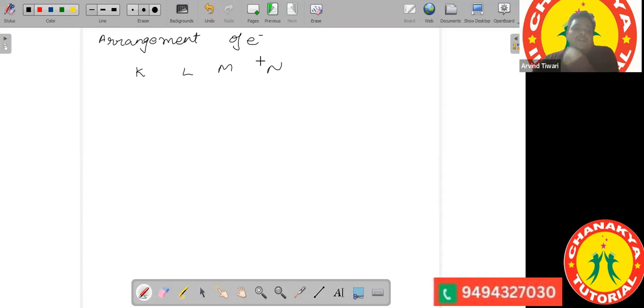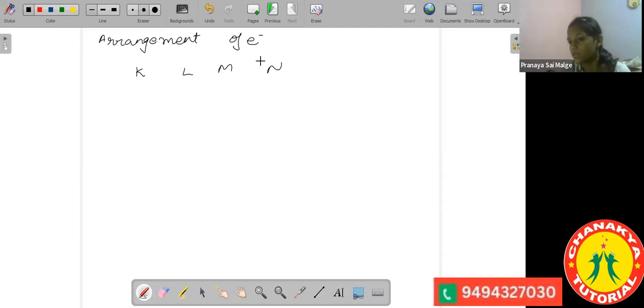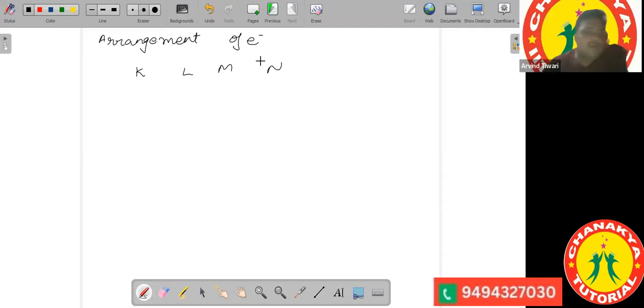Now out of these, which orbit has the least energy? The furthermost, like the last one? Last one. Okay, anyone else? See, this K shell has the least energy.